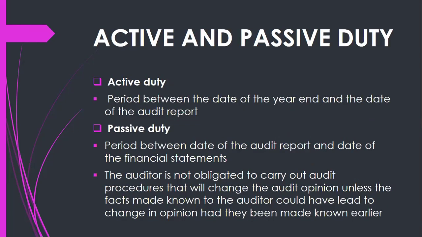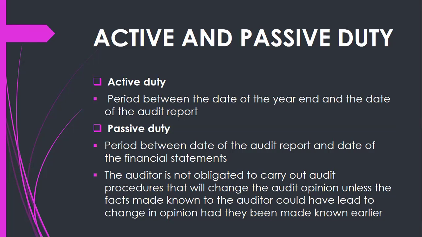So now, the auditor has got two types of duties. There's the active duty as well as the passive duty. The active duty is the period between the date of the year end and the date of the audit report. So from the date when the financial year comes to an end to the date when the audit report is released, that's called active duty.